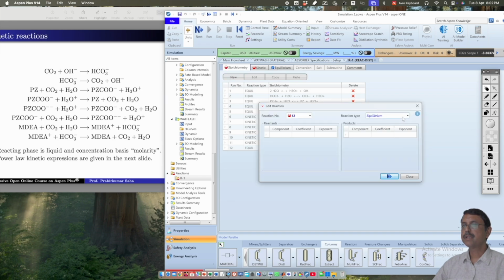Then 12th reaction, kinetic. It is about MdEA plus CO2 plus H2O. Again, 1, 1, 1, 1, 1, MdEA plus HCO3 minus, one.